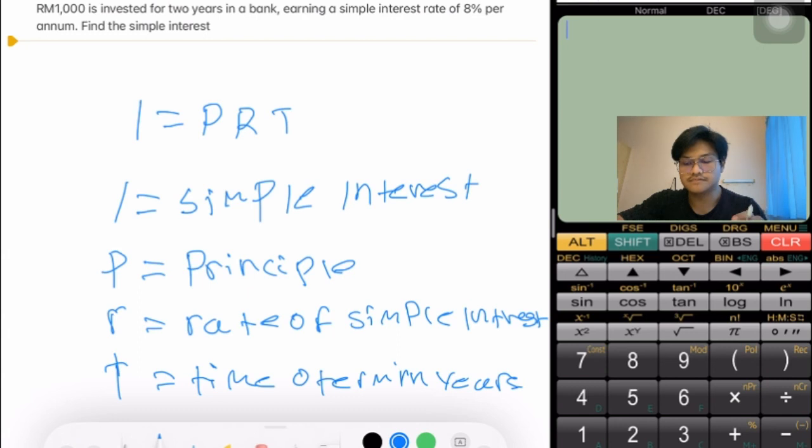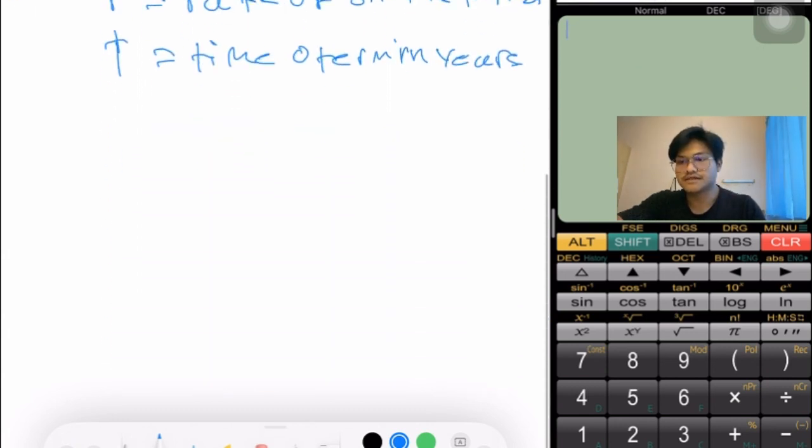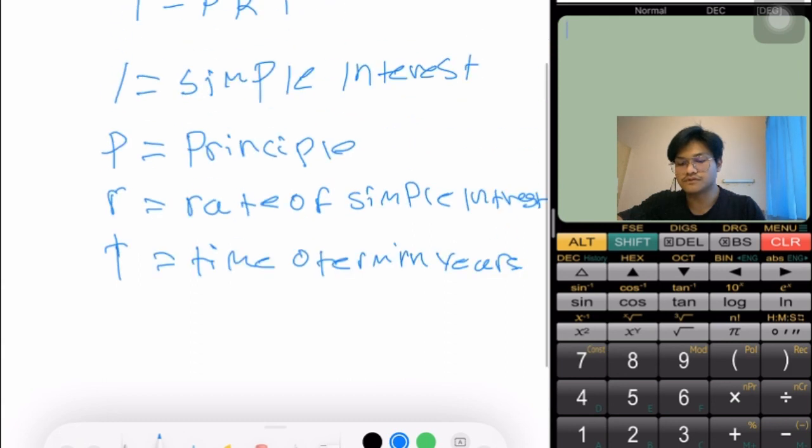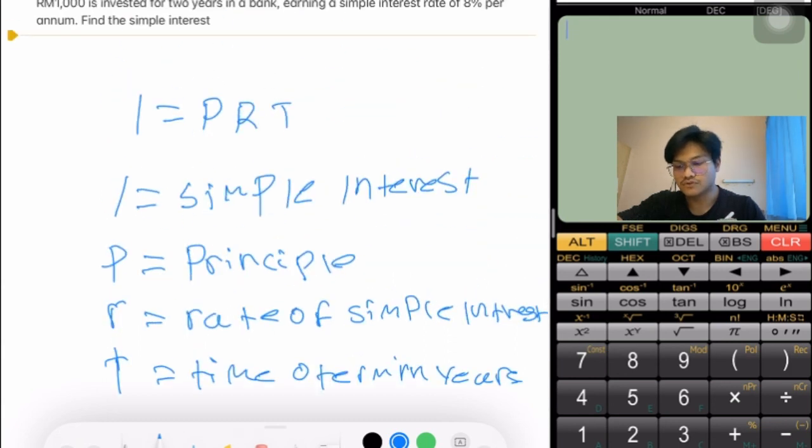So that is the meaning of I = PRT. Next, we will continue with the question.